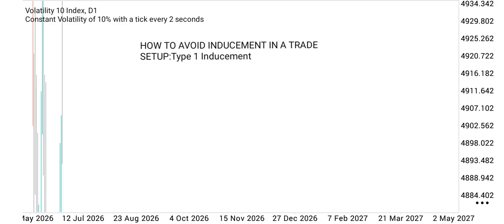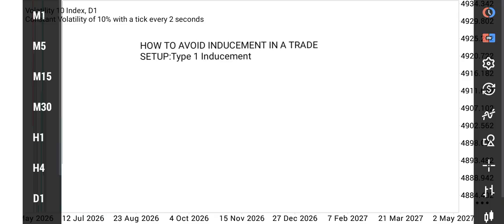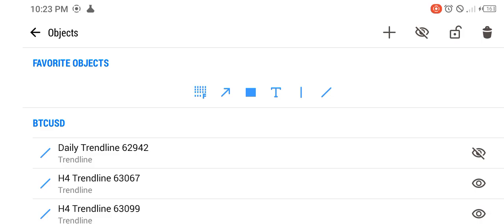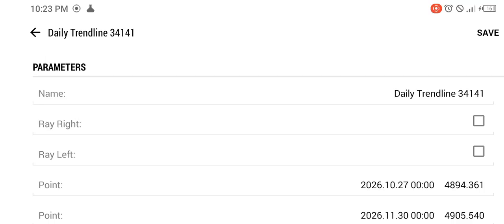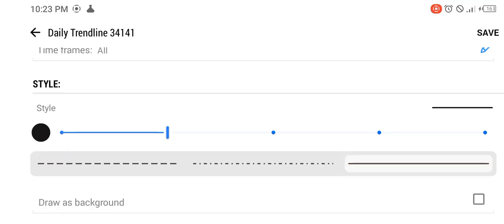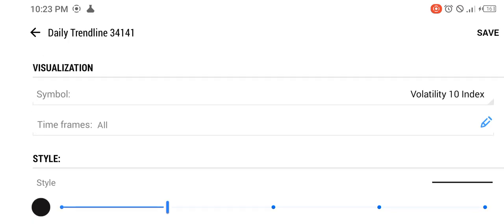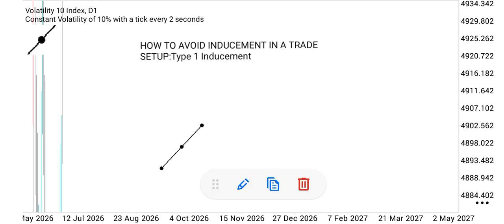Let me give you an example. For instance, we have an uptrend market, a market that is trending upward, something like this.